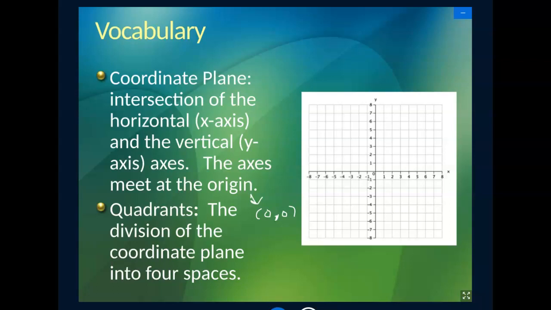The quadrants are the division of the coordinate plane into 4 spaces. So there are 4 quadrants. Quadrant 1 is right here. Quadrant 1 is made up of the positive ordered pairs.